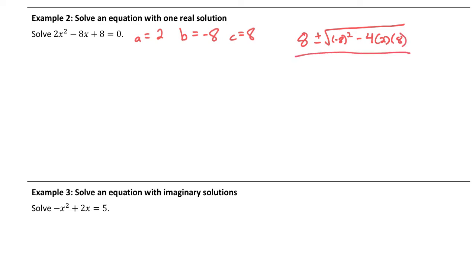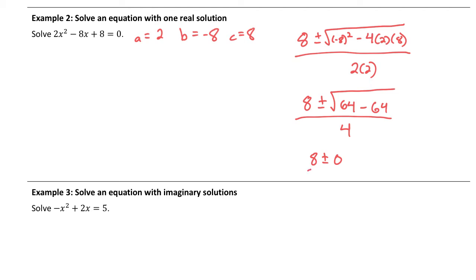And then at the bottom, all over 2a, 2 times 2. So this is 8 plus or minus negative 8 squared is 64, minus 4 times 2 times 8, also 64, all over 4. So this essentially is 8 plus or minus the square root of 0, which is just 0 over 4.